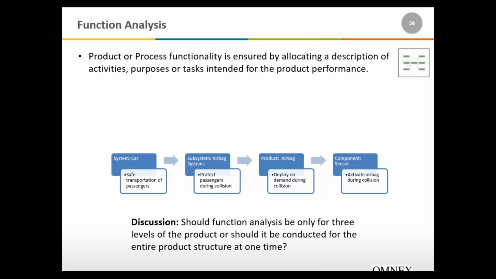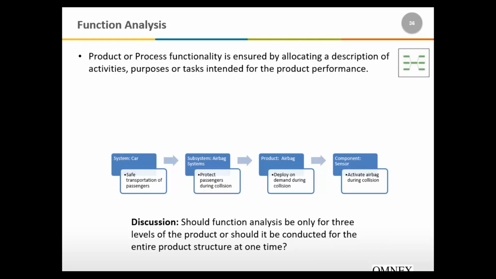Now, Chad added a comment here: should the function analysis be only for 3 levels of production or conducted for the entire product structure at one time? And I guess the answer is that it depends how complex it is. Based upon the new FMEA, you need to do it for at least the 3 levels.